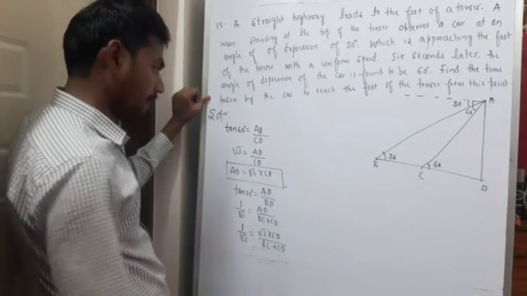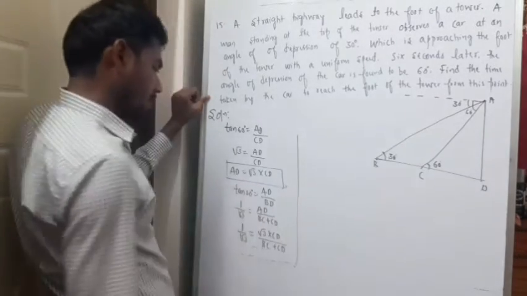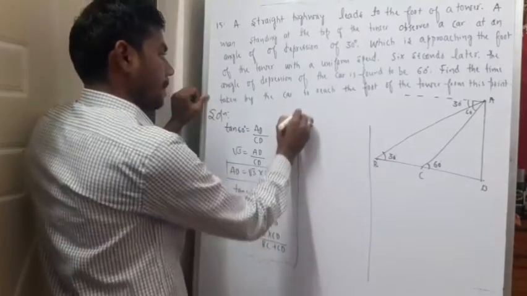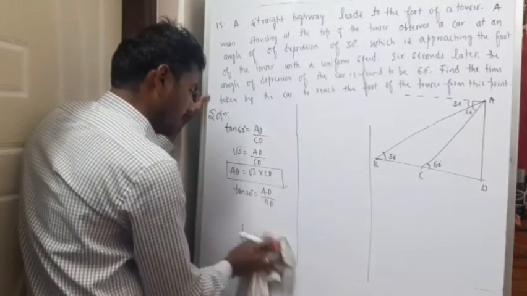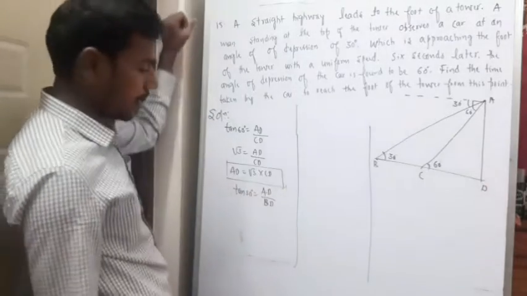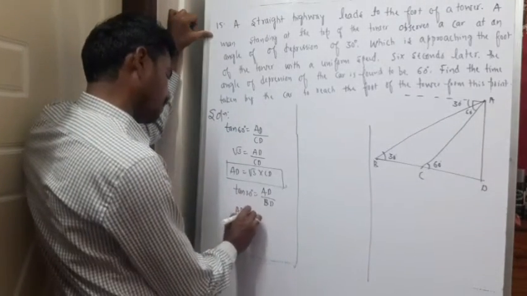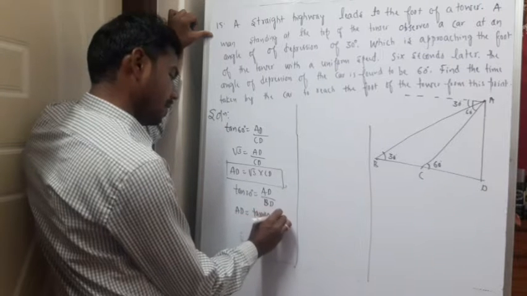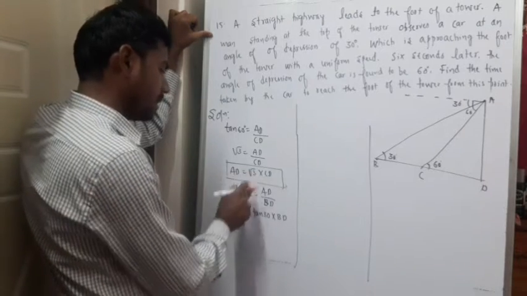Now, so what can we write? See, or else wait, to simplify our calculation, what we can do, see, tan 30 is nothing but AD by BD. So AD is equal to tan 30 into BD. So what is AD here? AD is nothing but root 3 CD.